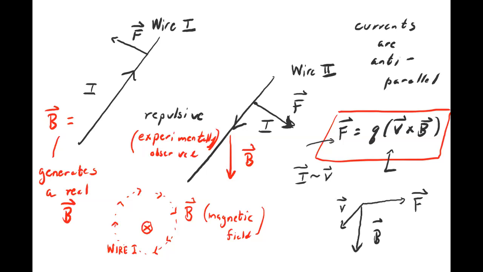So, other than using the invention of microscopic gremlins, you can say that the way to explain these two experimental results is by this expression, which is quite complicated.